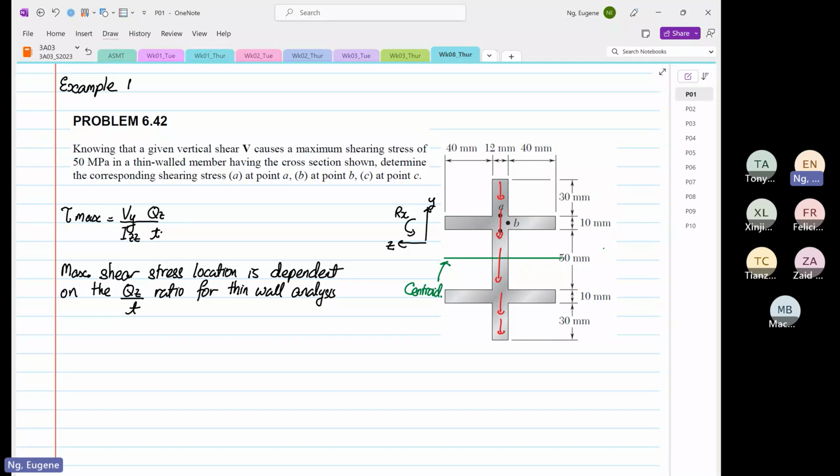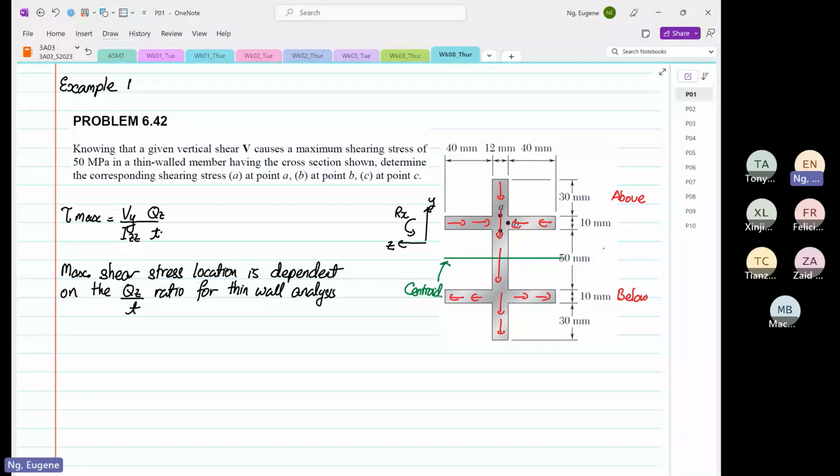What I like to do is when it's above the centroid, the shear flow flows into the major web. Below the centroid, I make them flow away from the major web.